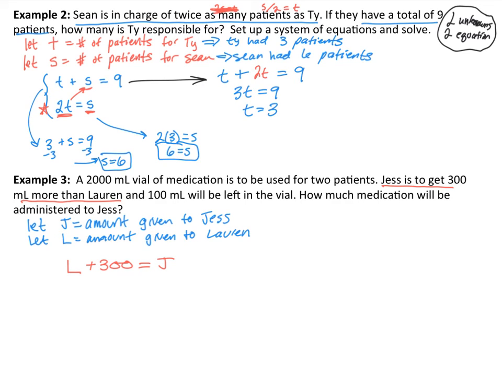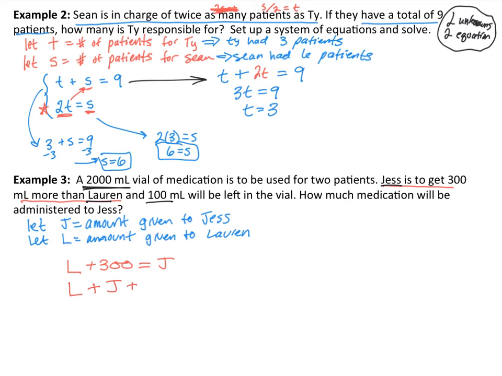That's the first equation. But we're also told that this is a 2,000 ml vial, and once I administer the amount to Jess, and then I administer the amount to Lauren, then there's going to be 100 milliliters left over. So what that's telling me is, once I figure out how much Lauren is to receive, and then if I go and give the medication to Jess, there's going to be 100 left over.